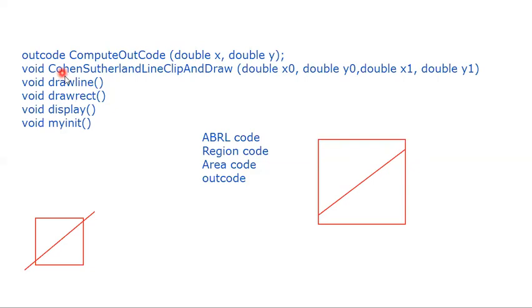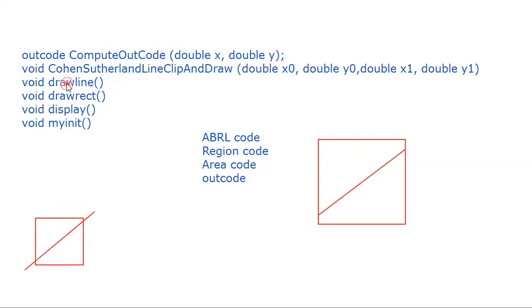Now we will come to the third function, draw line. Draw line is the function used to draw this line. Let's consider I give here 30, 30 for this point, and this one is 120, 120. That line drawing is done by this function.